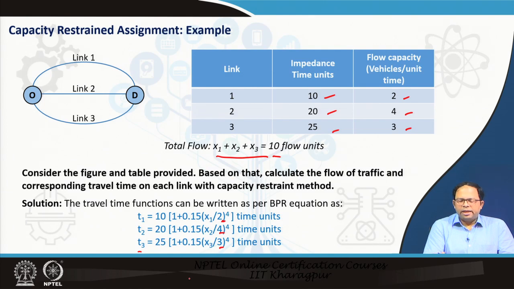Initially 10 minutes is the least one, so we will assign all traffic to link number 1. Once that is done, we update the link 1 travel time, and we may find that this travel time has become 20, or 24. In that case we can assign the traffic to this other link. So in this way it will keep on going.